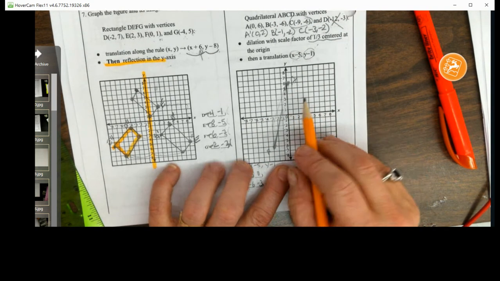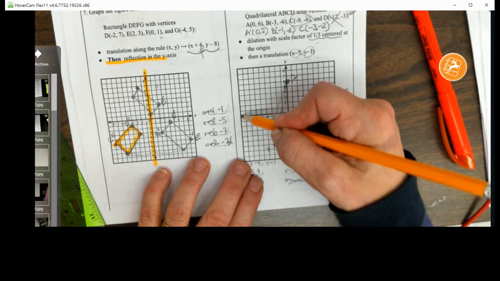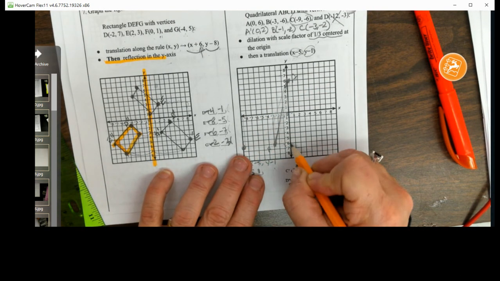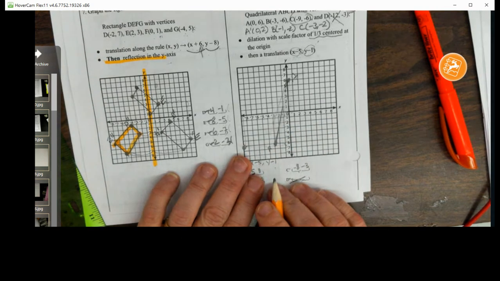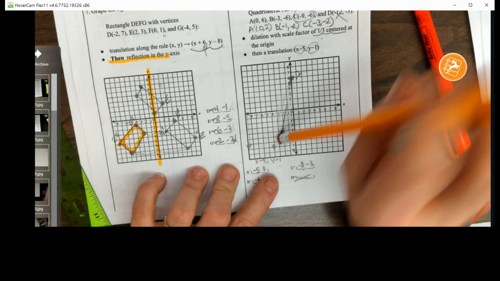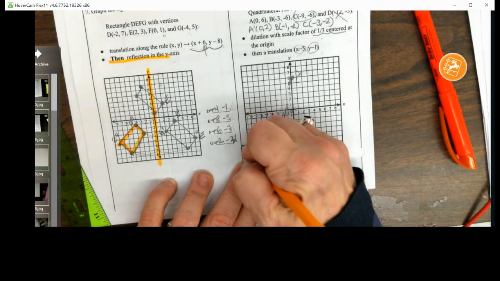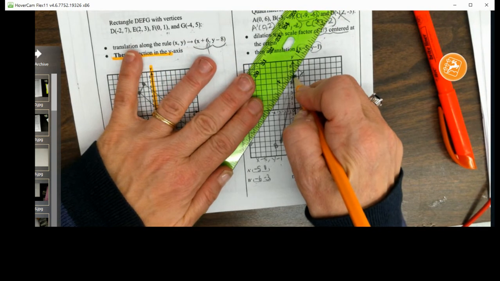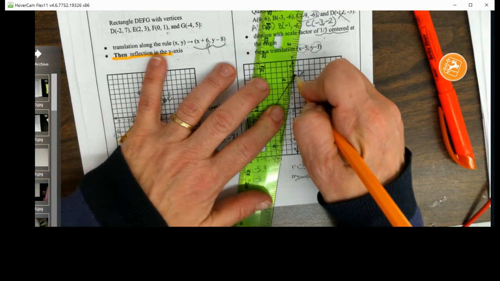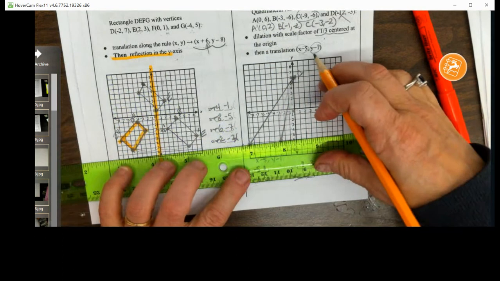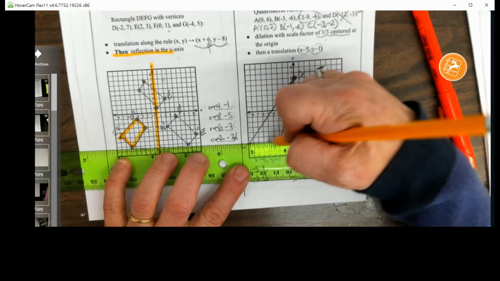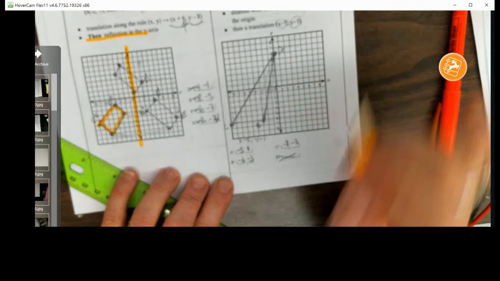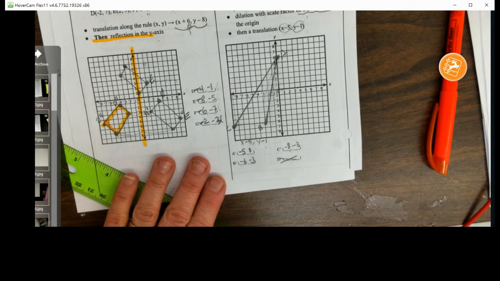Okay, so this is what it's going to look like. My triangle ABC, this is B. Okay, and my new triangle should look similar, but placed differently on the coordinate plane.